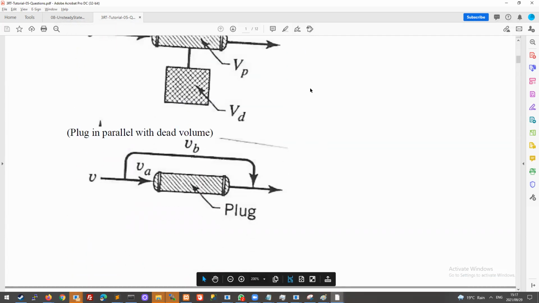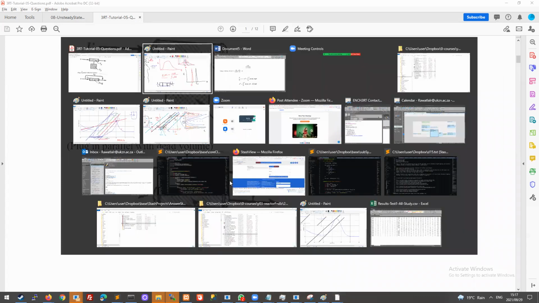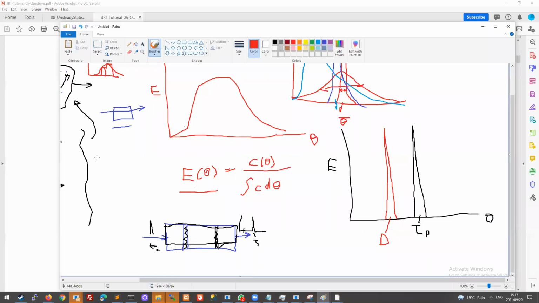And now let's think about a different case. What if we had some bypassing? What if our reactor was weirdly shaped like this? So let's say we had the reactor here, and let's say our feed point and our removal point was close together. And obviously this doesn't look like a plug flow reactor, but nobody said the plug flow reactor had to look like a long thin tube anyway.